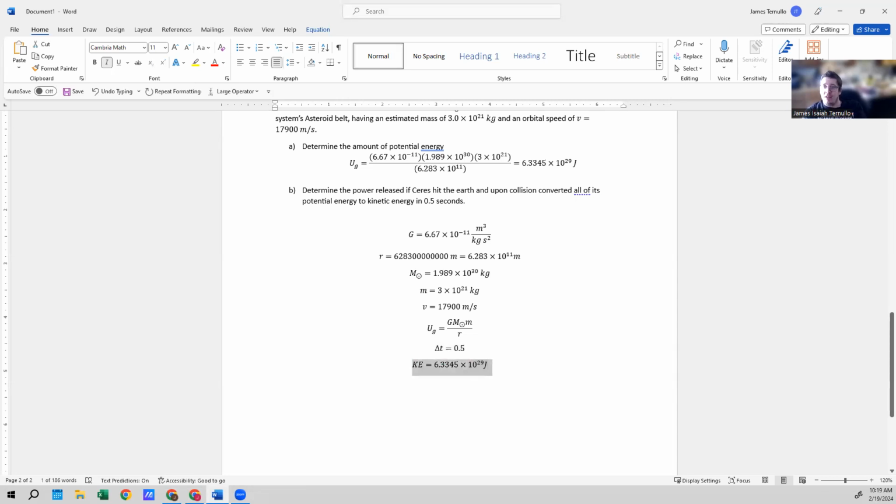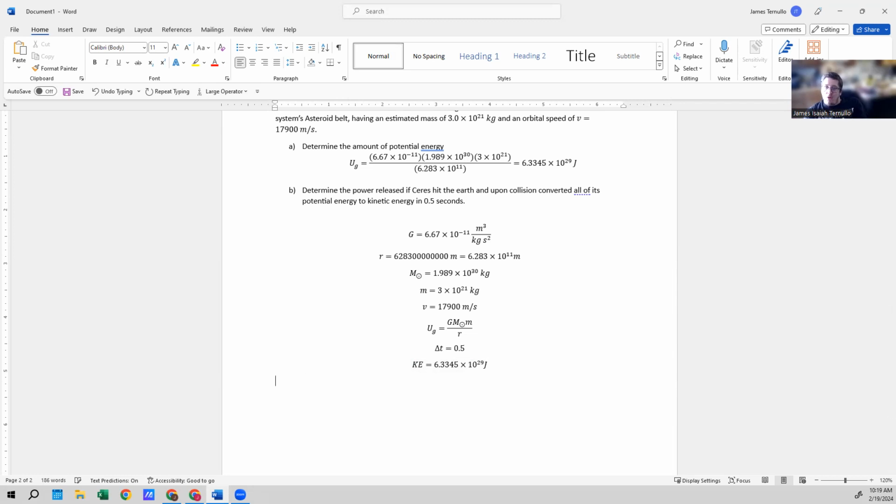Okay? So I want to make it clear, this number that I have chosen, this kinetic energy accounts for the gravitational effects, the previous one where we just use 1/2 mv squared is the kinetic energy of the motion of the comet. If we were to subtract those two numbers, we would find that the gravitational energy that is converted into kinetic energy is that difference.